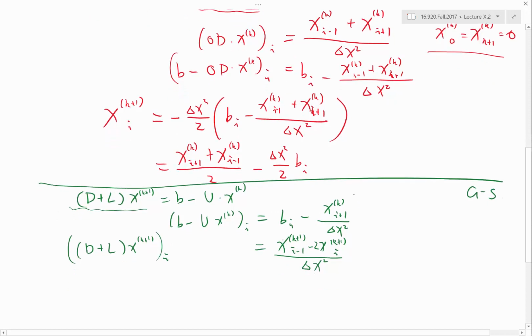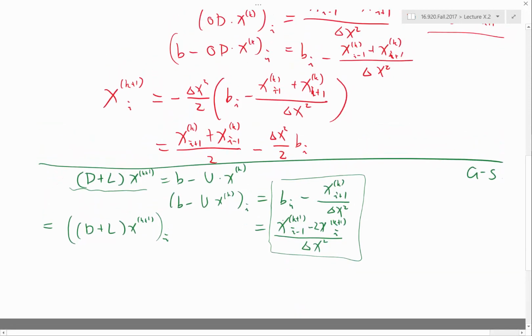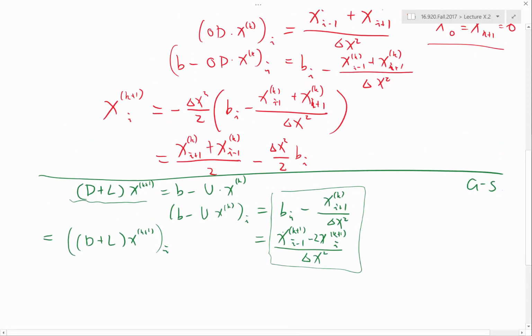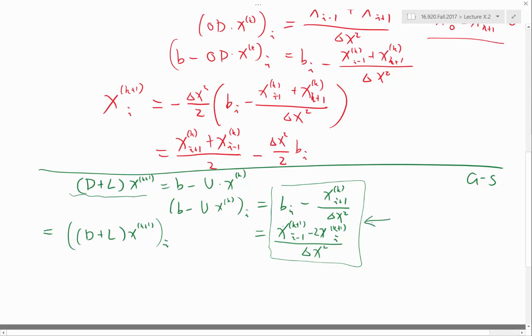Okay, so now Gauss Seidel is simply saying that this is equal to this, right? Now we can see that doing forward substitution to solve this D plus L simply involves following this equation, starting from I equal to 1.